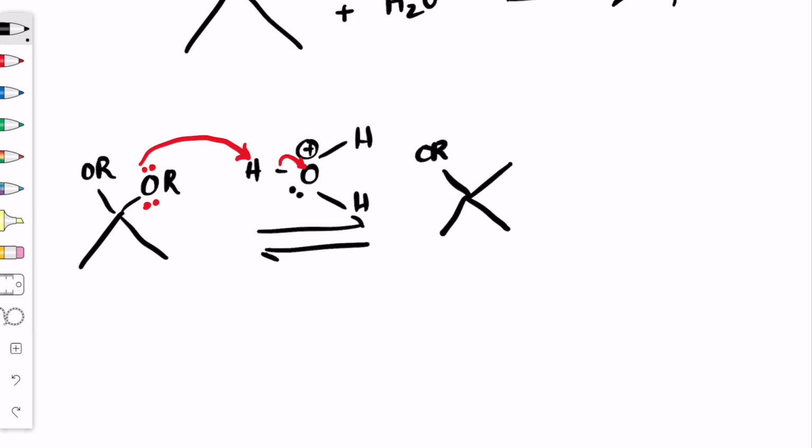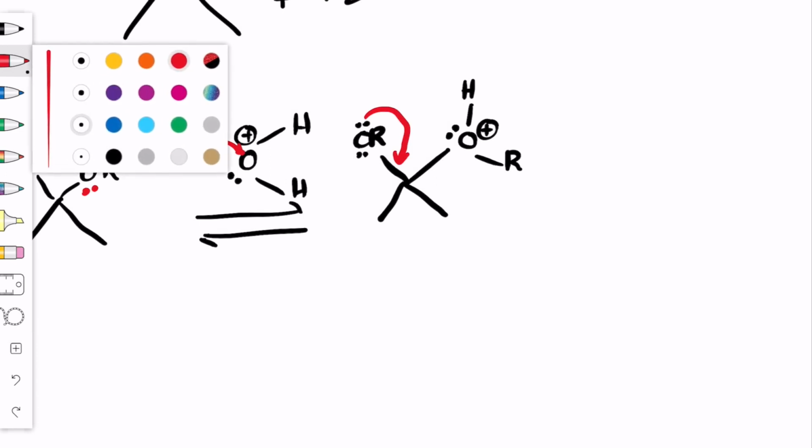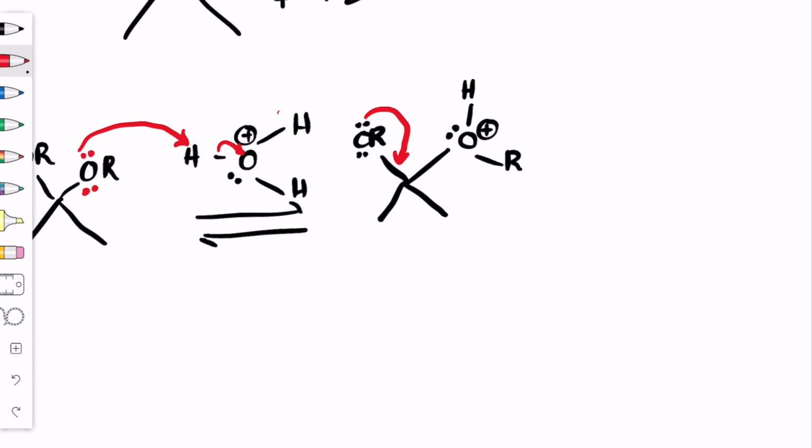So on one side we have OR, and on the other side the hydrogen is also attached to the oxygen, and there is an R group here, and you have 2 electrons here and there is a positive charge on this oxygen. And what will happen now is the oxygen that you have here has 2 electron pairs, so it donates 2 electrons to the bond, and the bond ends up giving its bond back to the oxygen, resulting in the removal of this ROH group.